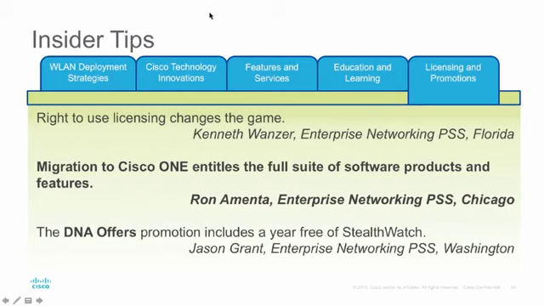Jason, I think this tees up some of what you're going to talk about with the free 1 year of StealthWatch. Something recently added is 5 flows per Cisco One wireless foundation license as well. So that gives you a flavor of what we have for network as a sensor through your wireless network going forward. So that's it for me in terms of what we have for Cisco One and the new controller migration program.